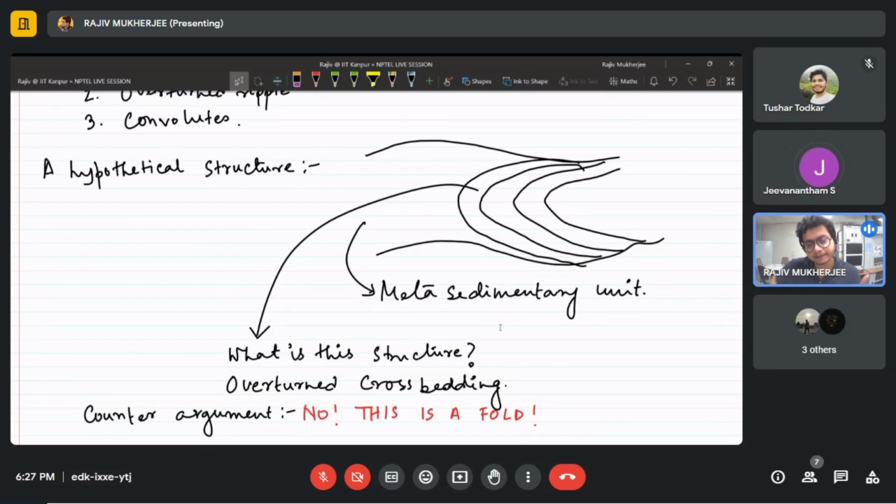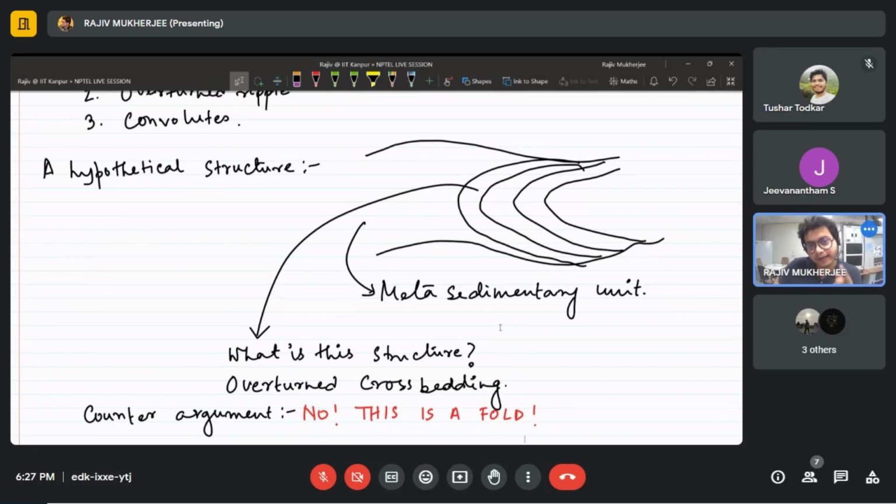Now in this case, we don't know exactly, right? We are seeing a structure, and by the geometrical similarity we are assuming that this either can be an overturned crossbedding or it can be a fold. Now my question is, in the field, how do you differentiate, right?